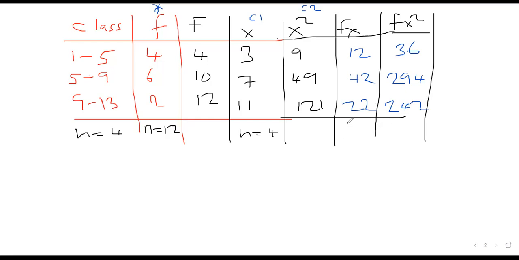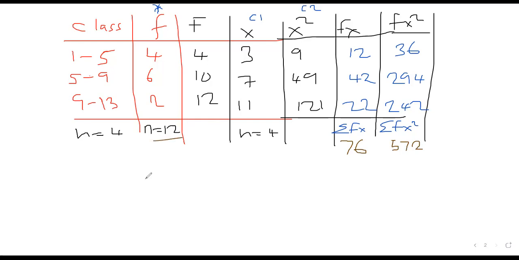So for the totals here, we use the E-looking figure, summation of fx and summation of fx squared. So you get the totals here. 12 plus 42 plus 22 will give you 76. 36 plus 294 plus 242 will give you 572.